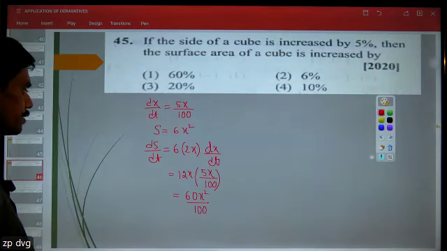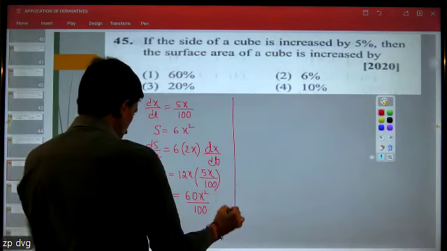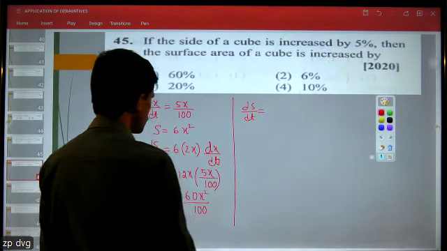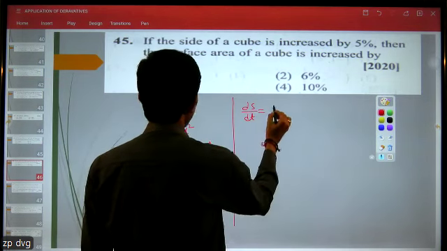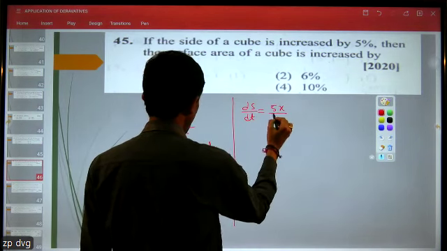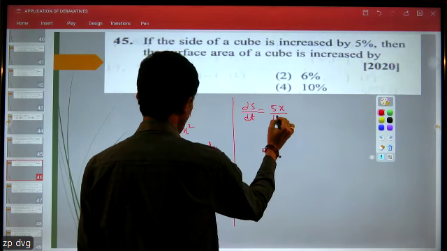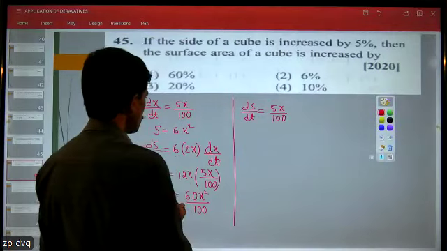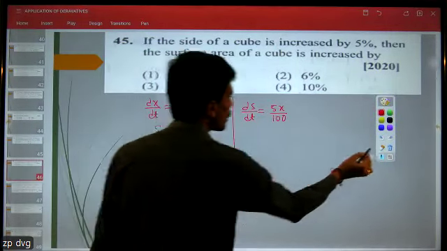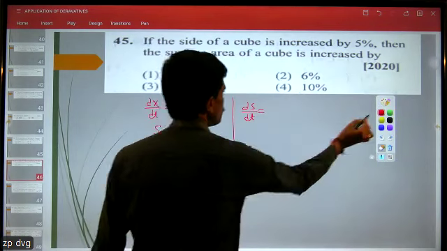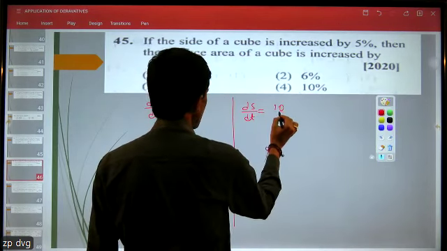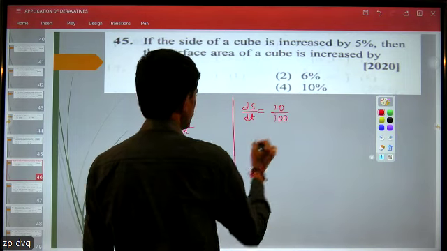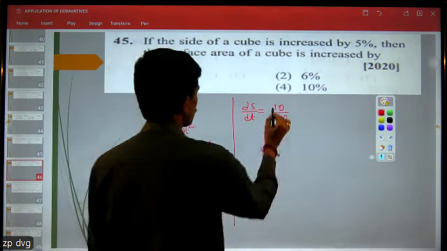60x square by 100 can be written as 10 by 100 into 6x square.